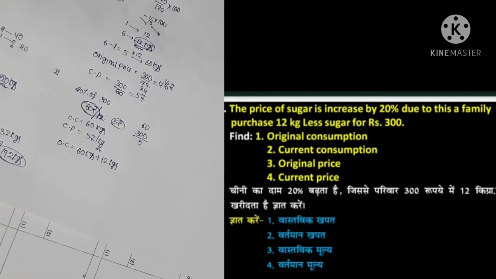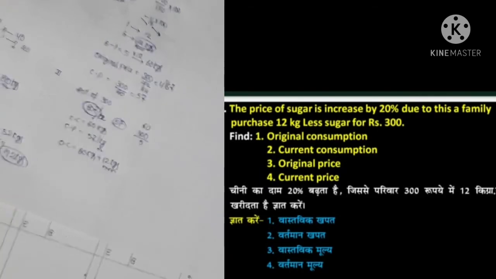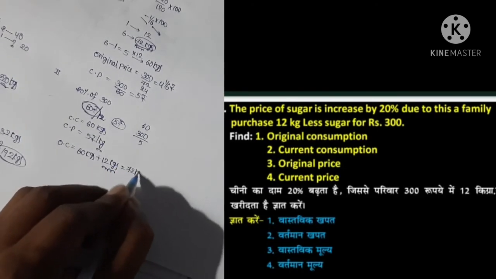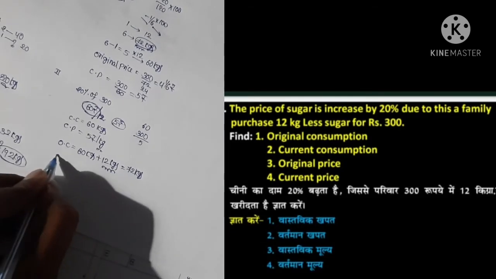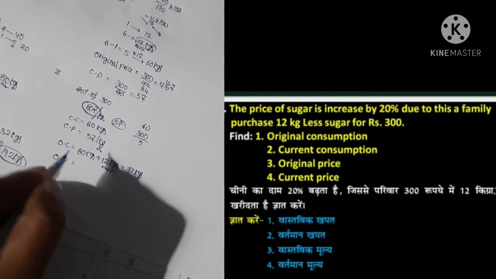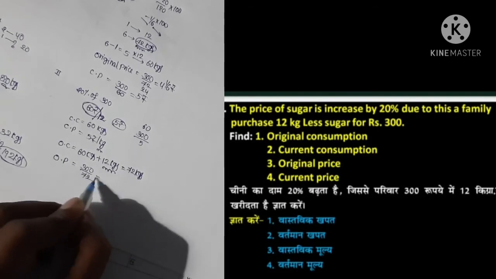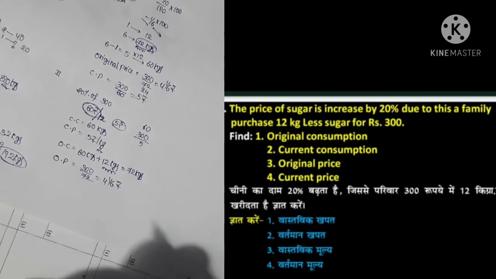In our problem, family purchases 12 kg less sugar because of the 20% increase. That means the original consumption is 72 kgs. So original price is total by 72. So value is 4 1/6 rupees per kilogram.